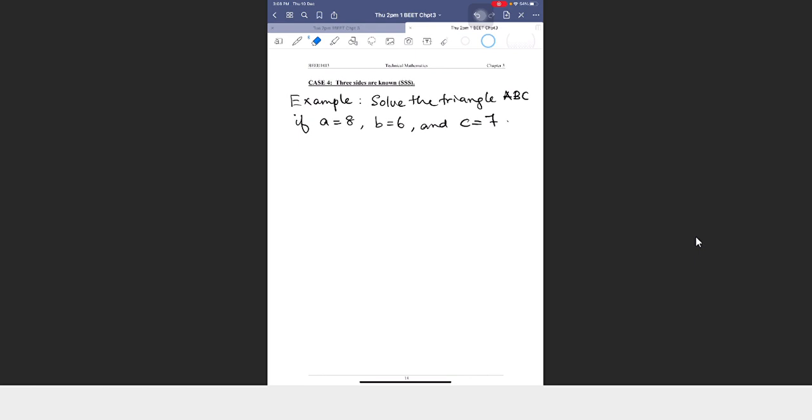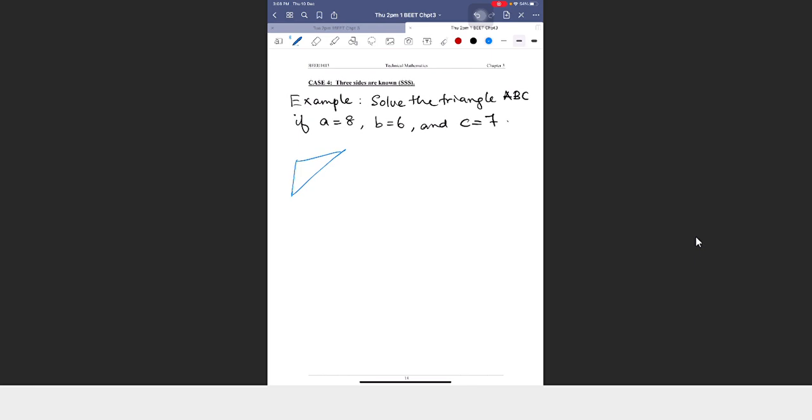So you are given a triangle whereby all 3 sides are given, and none of the angles is known. That means when you solve, you want to find all the missing angles. We don't have to draw the triangle since these are all 3 sides, but if we want to draw, also can, just a rough sketch.